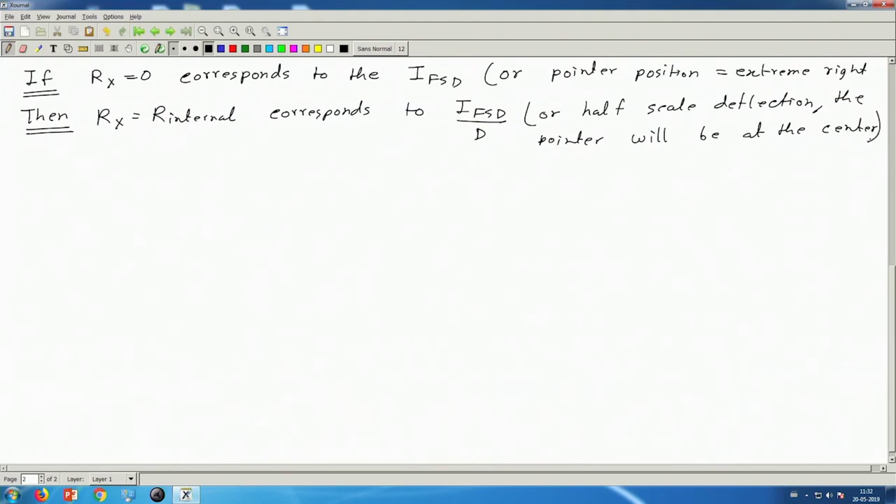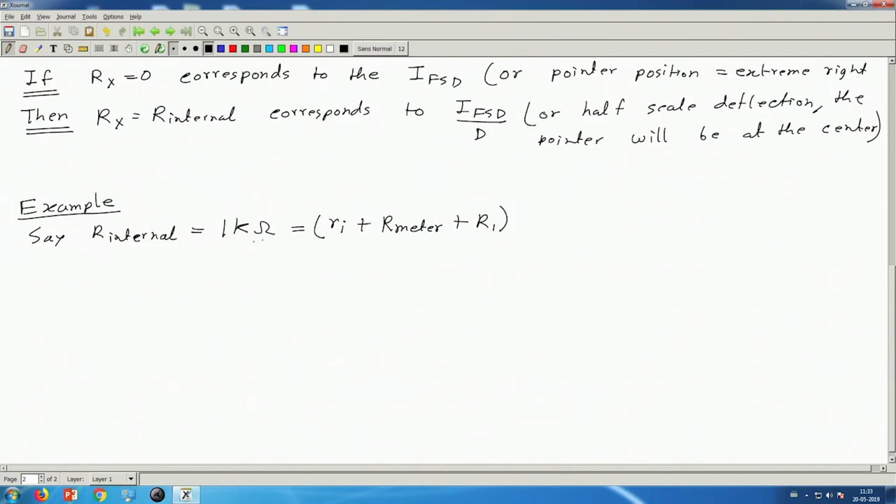Now, let us take a small numerical example. Say R internal is equal to 1 kilo ohm. Basically, this R internal is the battery resistance plus meter resistance plus R1 and so on, everything.